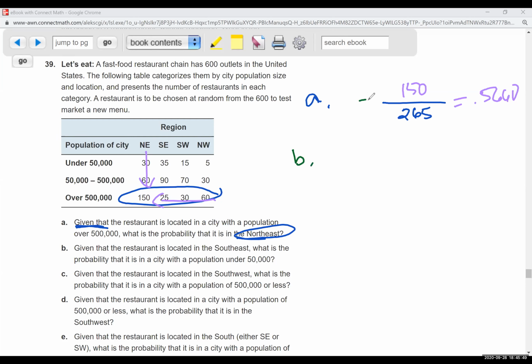How about B? So again, another example. Given that, do the same thing. 35 over the total of SE.